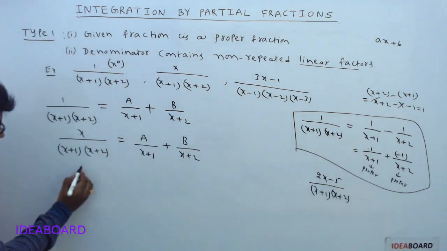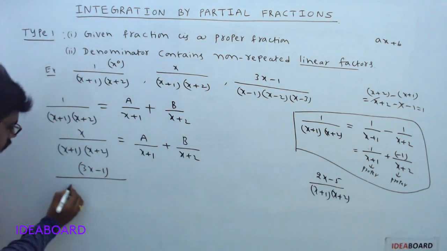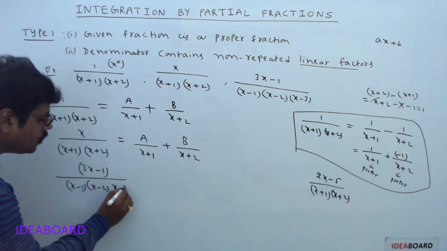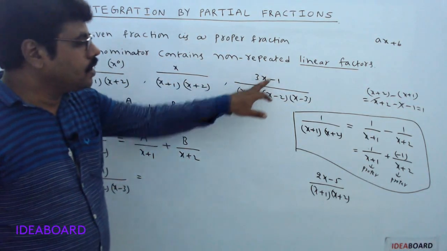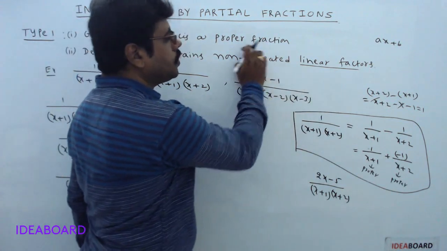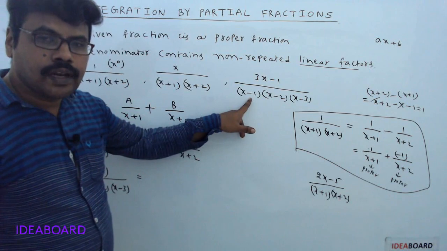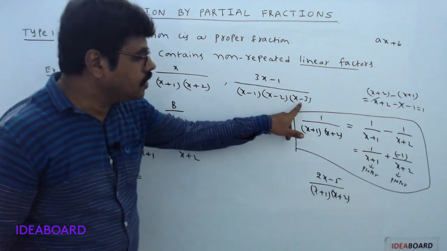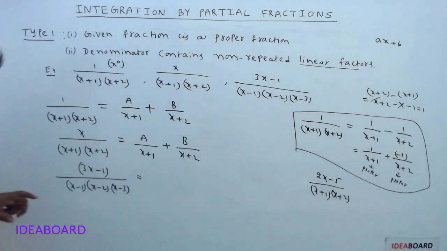Now, take this one. This is 3x minus 1 divided by (x minus 1)(x minus 2)(x minus 3). The degree of the numerator is 1, the degree of the denominator is 3, clearly it is a proper fraction. Next, x minus 1 is a non-repeated linear factor, x minus 2 is a non-repeated linear factor, x minus 3 is also a non-repeated linear factor.